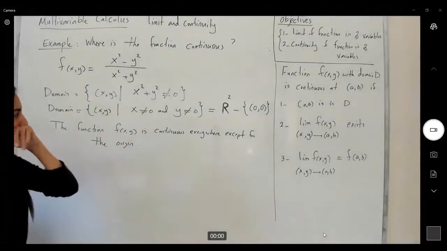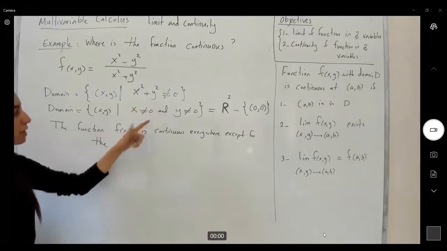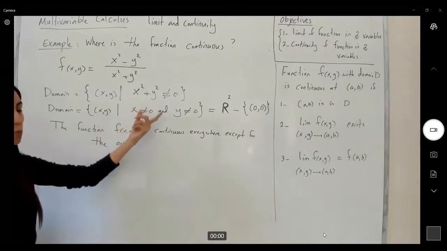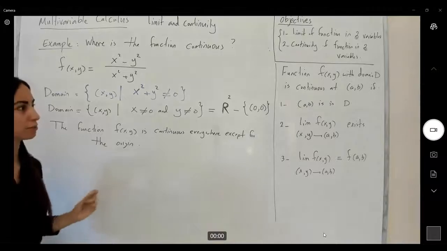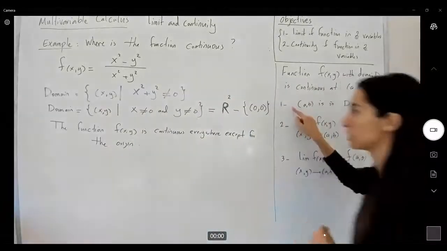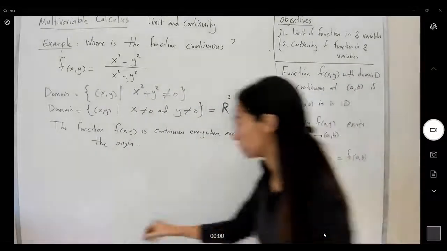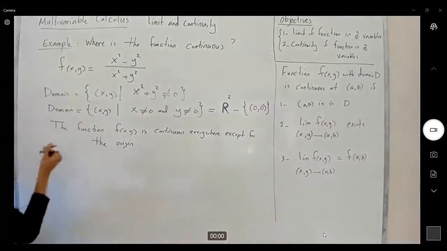So very well. You say that since 0 and 0 is not in the domain of the function, we are not able to discuss continuity. The first condition is not met, so remember that. Note that.